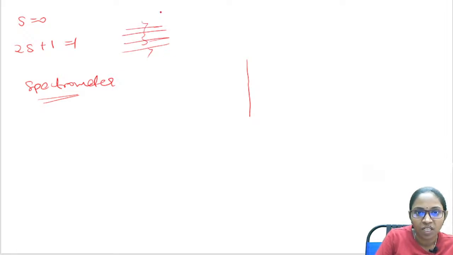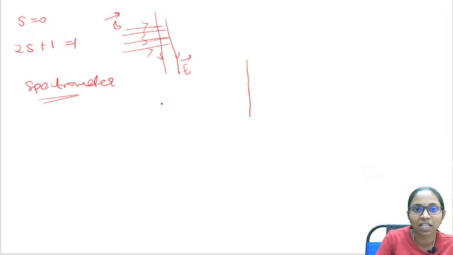If this is the magnetic field B bar, perpendicular to this magnetic field you will have the electric field E bar. Whenever you observe through the spectrometer, there will be a line which is parallel to this electric field, which is an unshifted spectral line.